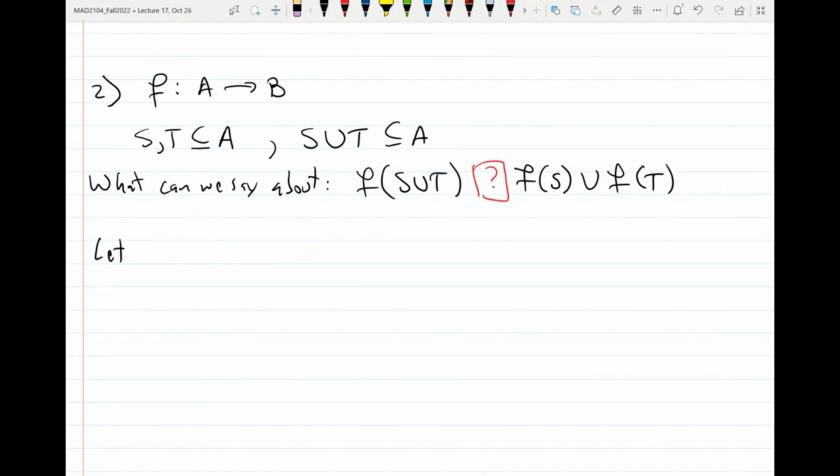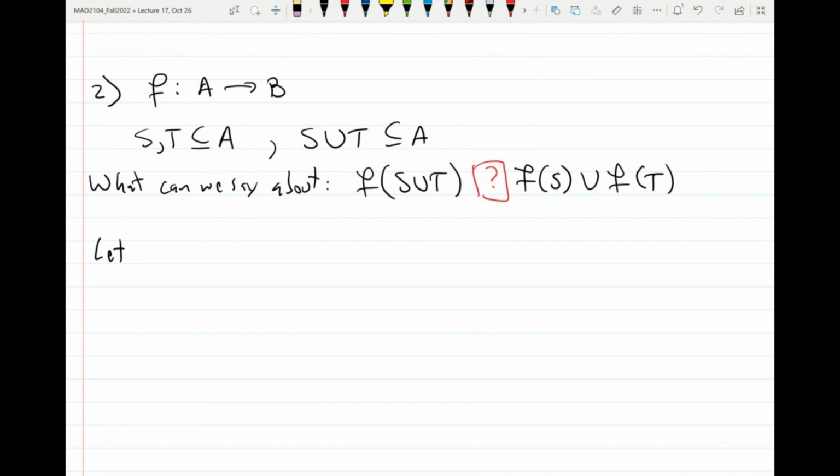What letter should I use? Where are we playing? In what set are we playing? Are we playing inside A or are we playing inside B? Look at the statement. What are we dealing with? We're dealing with images. Where do the images live? In B, right?